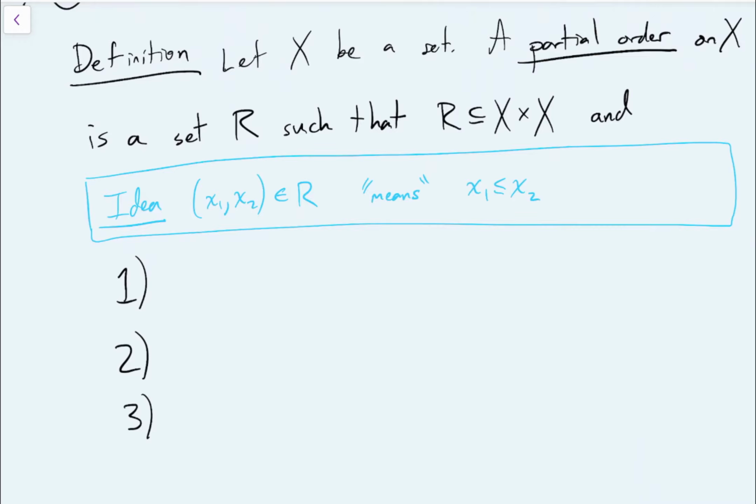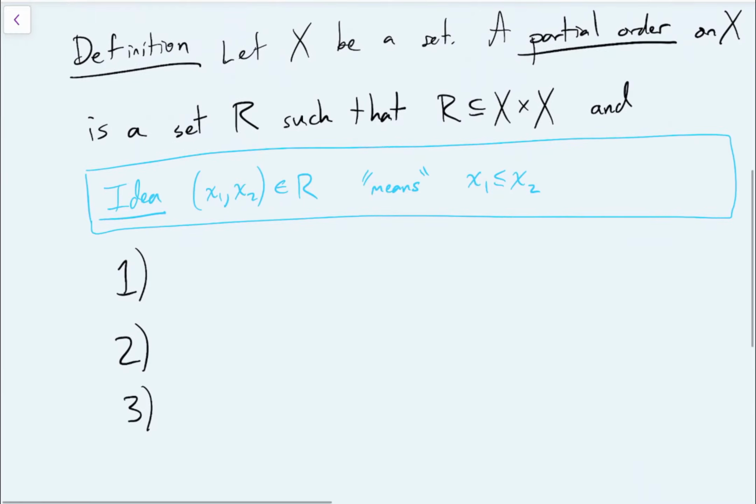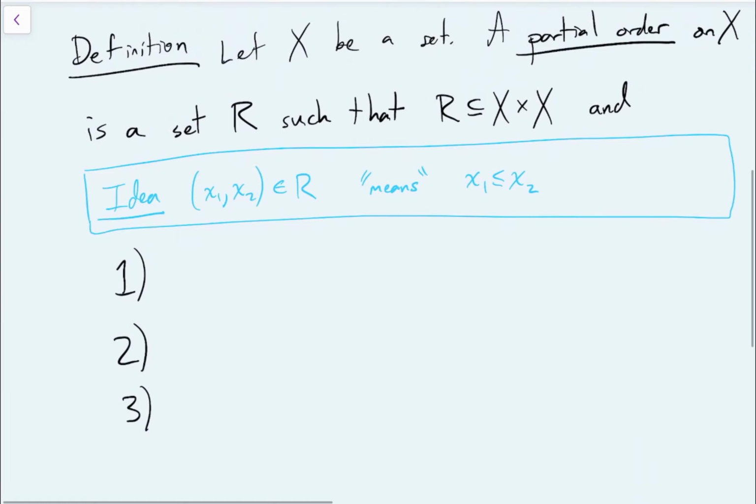I'll have another note on this after the definition. But let me write out the reflexive property, which said that everything should be less than or equal to itself. What does that look like when I'm thinking about the set R for my order? Everything should be less than or equal to itself, so the element, comma, itself, should be an element of this ordering.